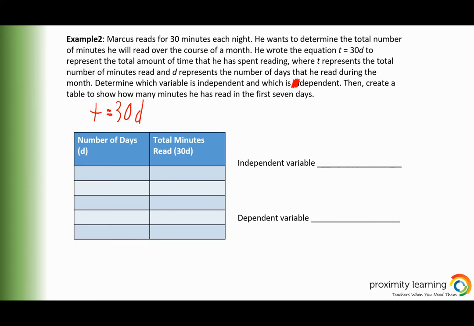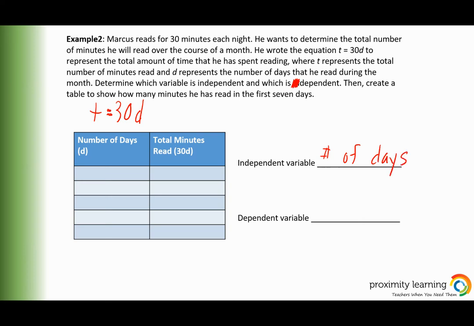In this case, time is going to equal number of days, because days is a form of time. You have seconds, minutes, hours, days, weeks, months, years. So in this case, the independent variable is going to be number of days.